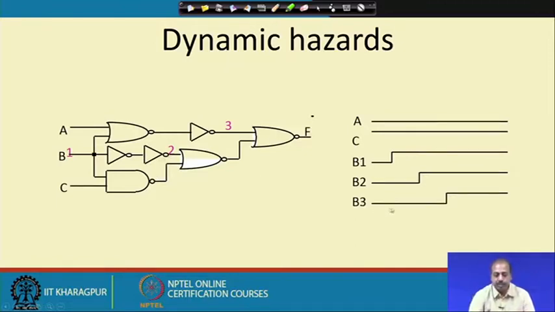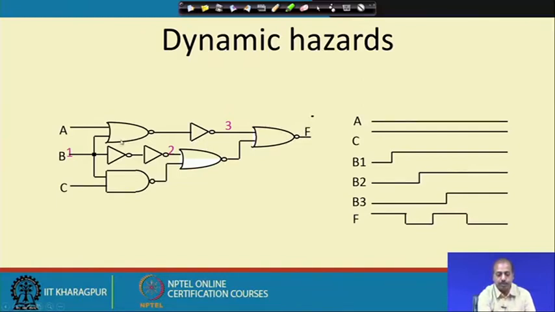Then at B3, A is at logic low. So, for this NOR gate, it is nothing but an inverter. So, B1 sees the delay of this NOR gate plus this inverter to produce B3.